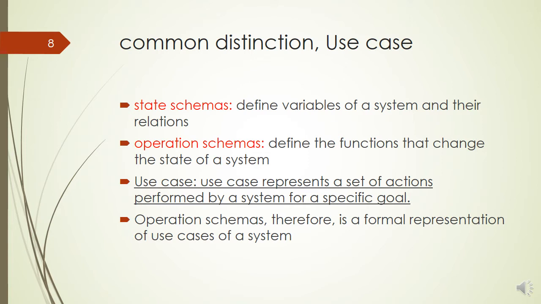State schemas basically define state variables of a system and their relations in the form of expressions or predicates. And operation schemas define the functions or events of a system that change the state of a system.